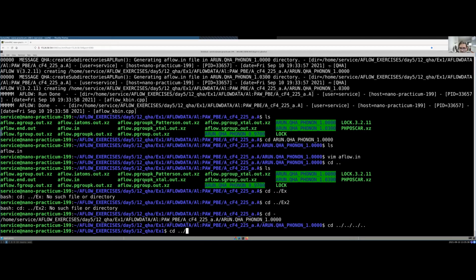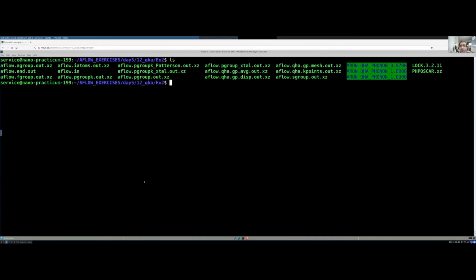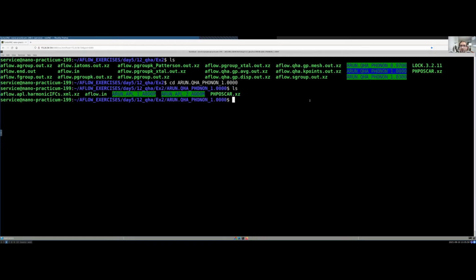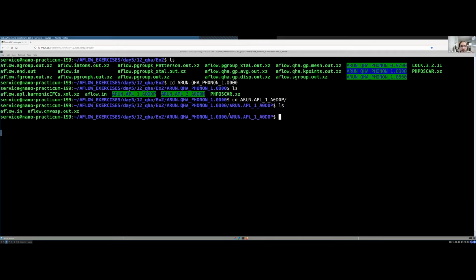So in exercise 2, you already have the data from VASP. So if you go inside of APL calculation, you have 2 subdirectories with APL1 and APL2. It's for different distortions. And as you can see, VASP data is there.